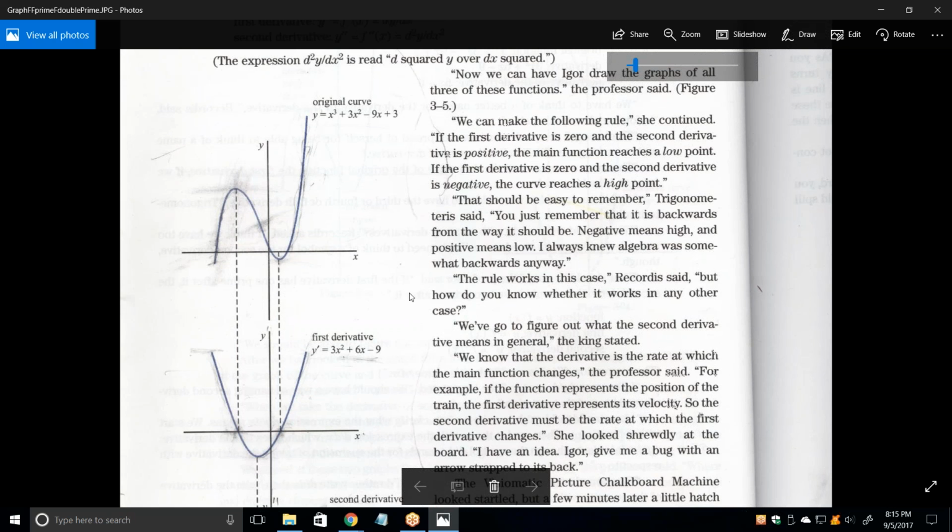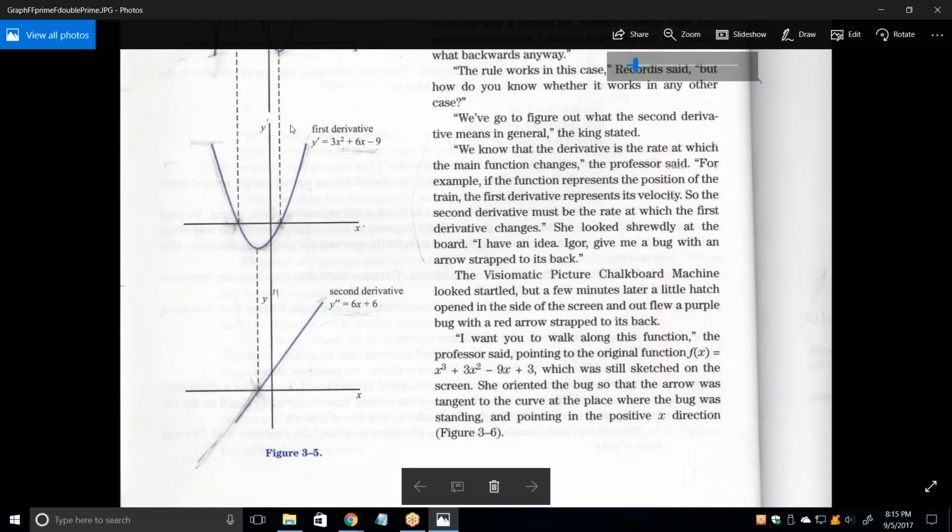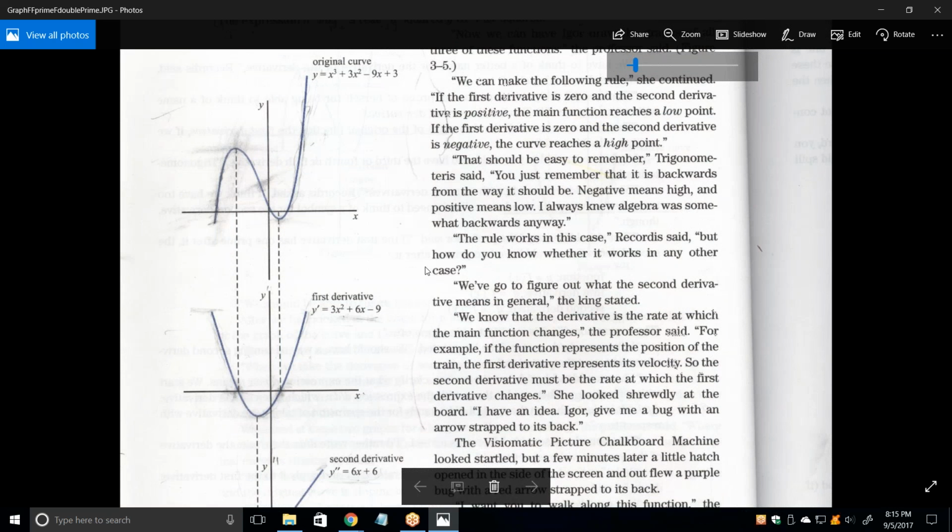Right below it, you've noticed that says y prime. That's the first derivative, and applying the power rule, that would be 3x squared plus 6x minus 9. And that's what that function looks like.